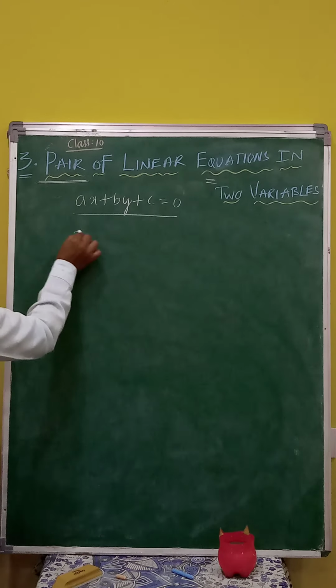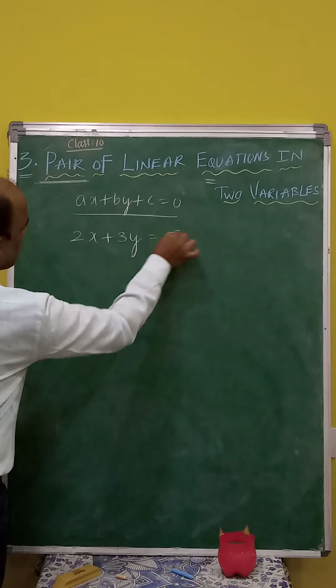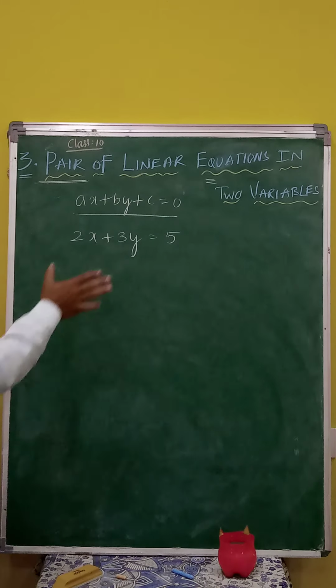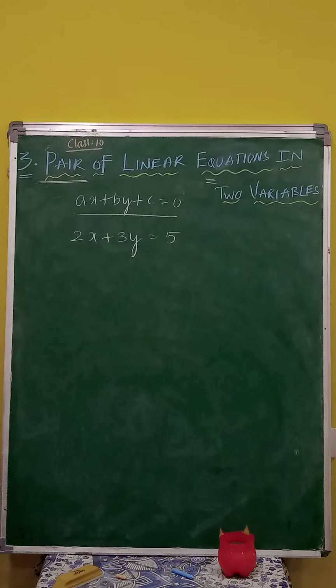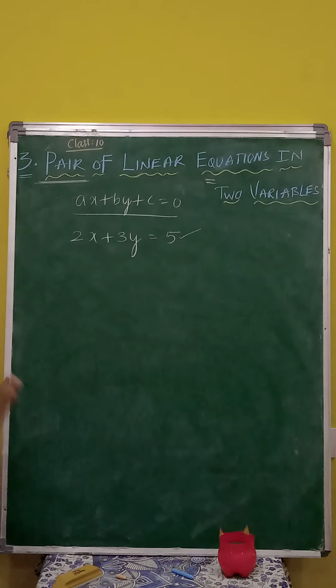Example, I will write here 2x plus 3y is equal to 5. For this one we have to find a solution, because only one equation is given, that is a linear equation in two variables. How to find a solution? You can assume values of x and y; if you get 5, then it is a solution, otherwise it is not a solution.